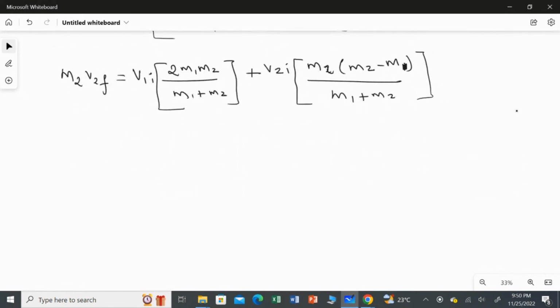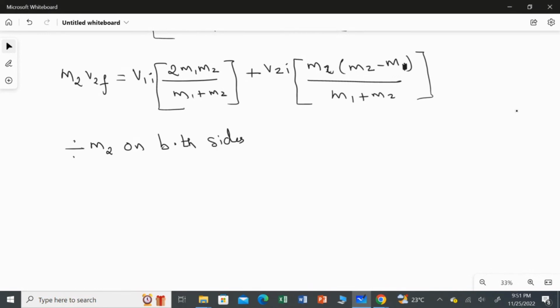Here, what I'm going to do, both left hand side and right hand side, I'm going to divide the term by M2. So what I'm going to do, I'm going to divide M2 on both sides.